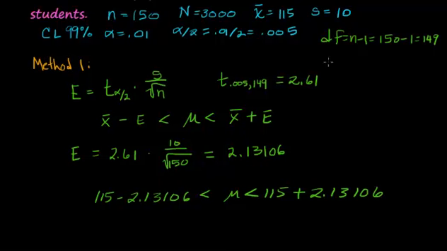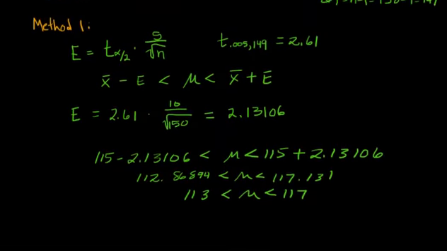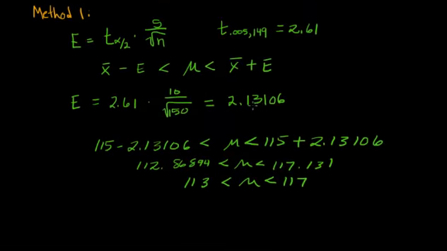That means no decimal places. I carried this out quite further than I needed to, but let's see what we have here. 112.86894, kind of overdid that on my accuracy. But now rounding to no decimal places, 113 and 117. So that's the method where you actually calculate the margin of error.